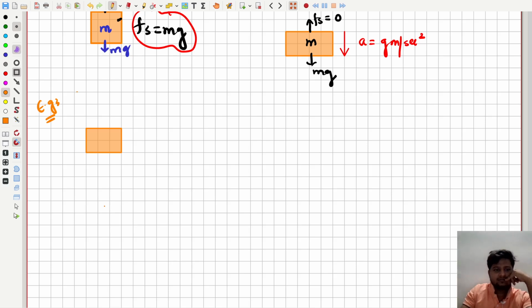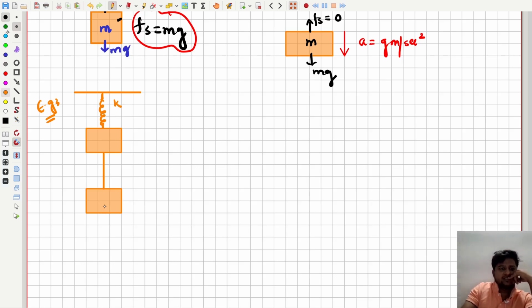Block is there, attached like this way. This is the spring of spring constant K right now.